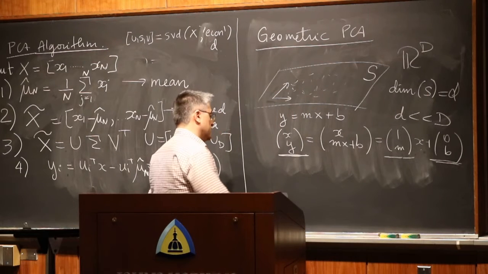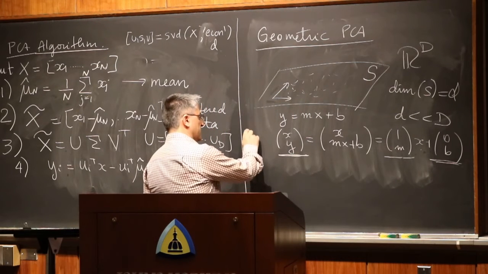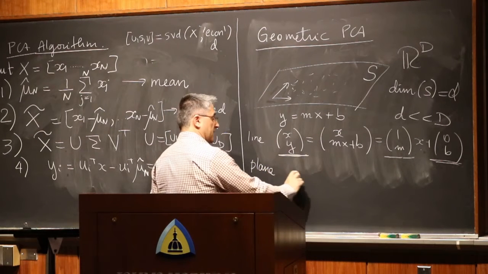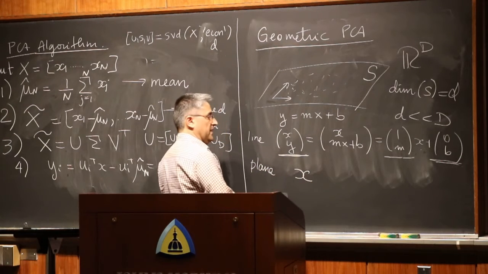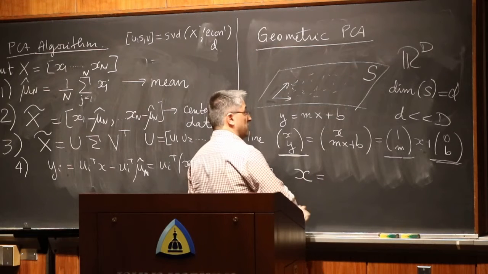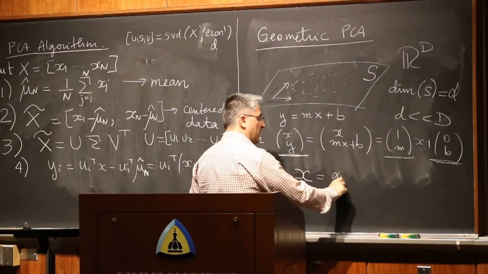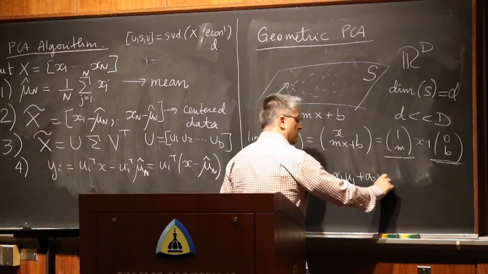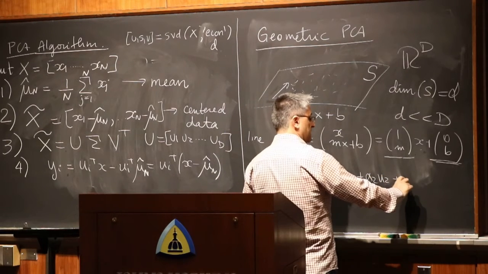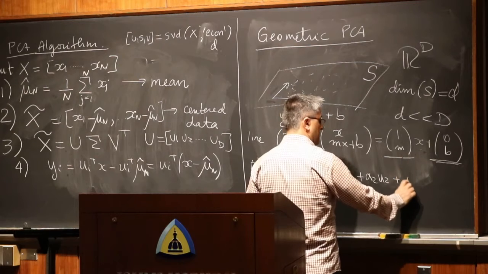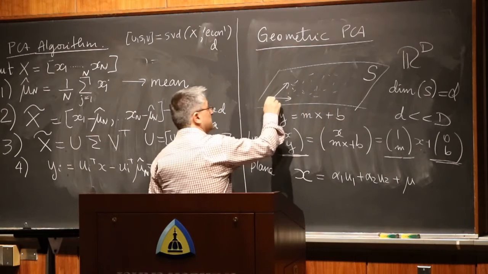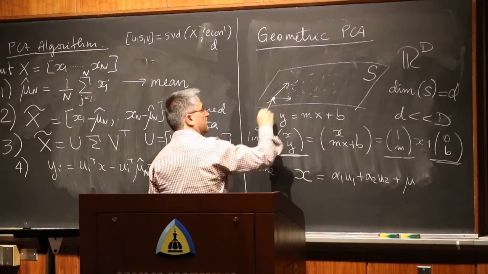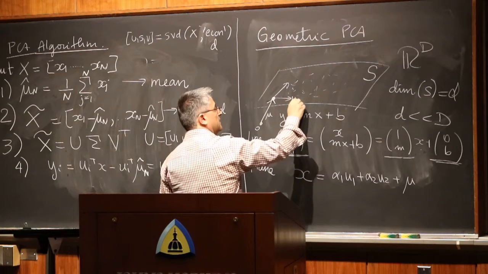So more generally, for a plane, a point in the plane is equal to alpha 1 u1 plus alpha 2 u2 plus a fixed vector, and we call it mu. If this is the origin, I put mu there, this is u1, this is u2.